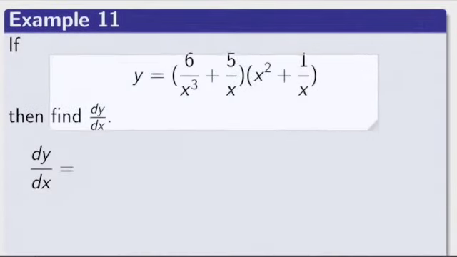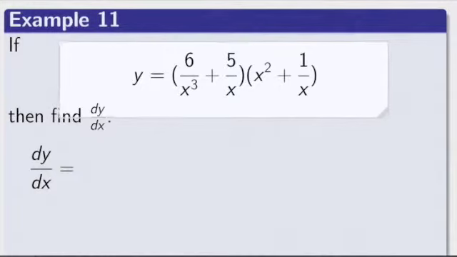Let's look at another example, example 11. Again here, y is a product of two functions. So here is the first function in green. Here is the second function in green.